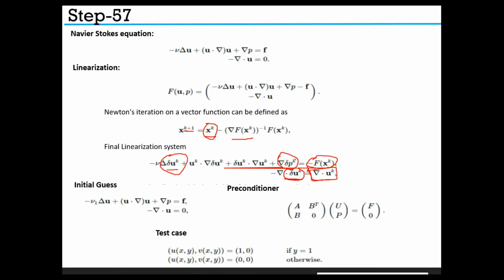We can also update the approximation like that, so we get the velocity and the pressure, and also we can check the residual norm.